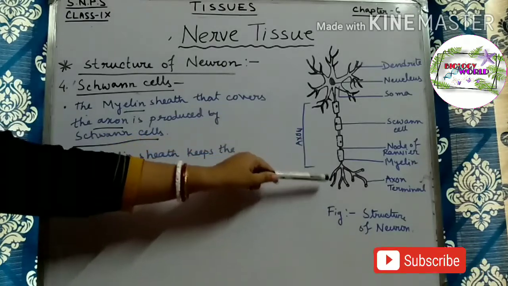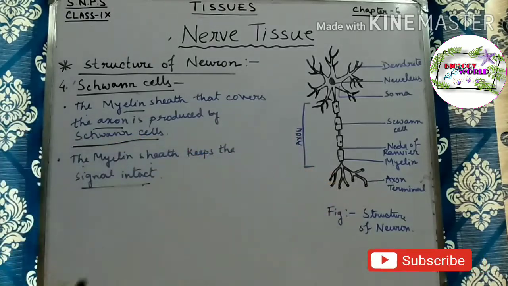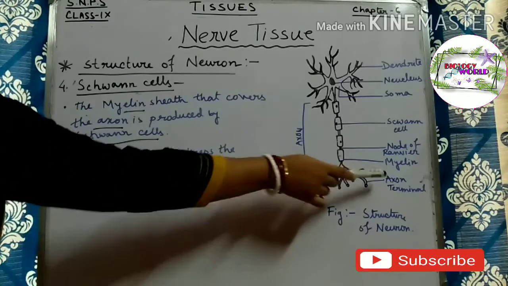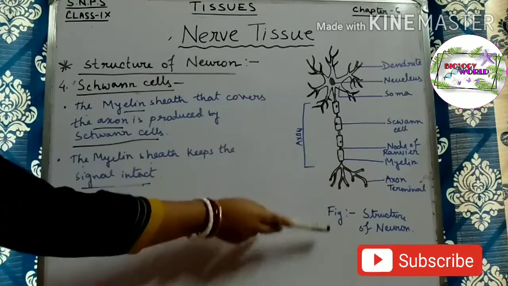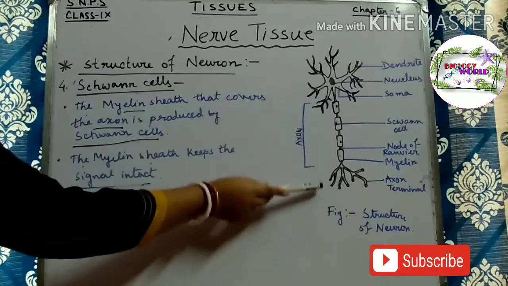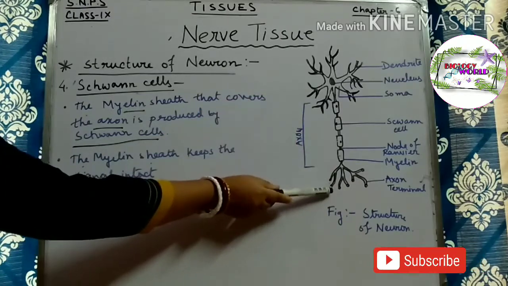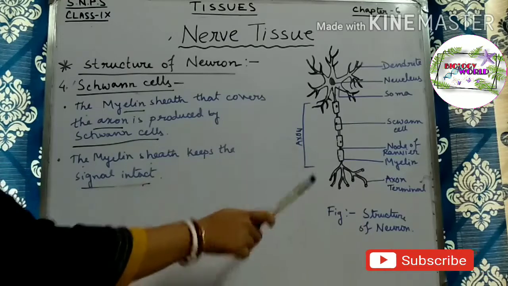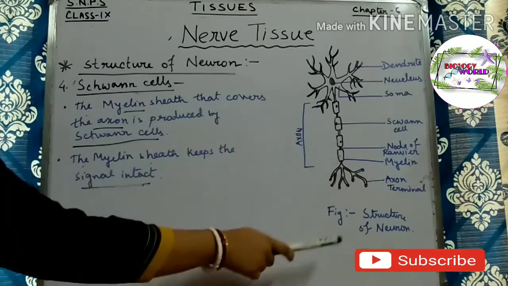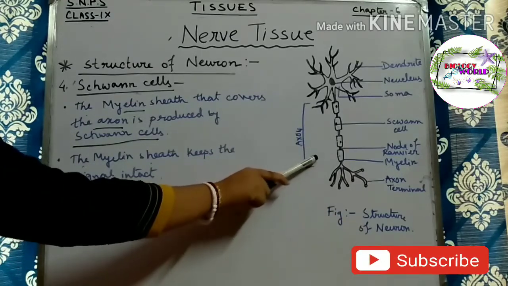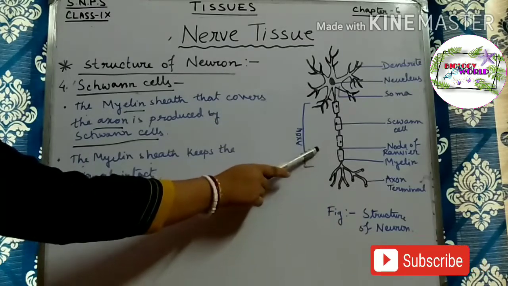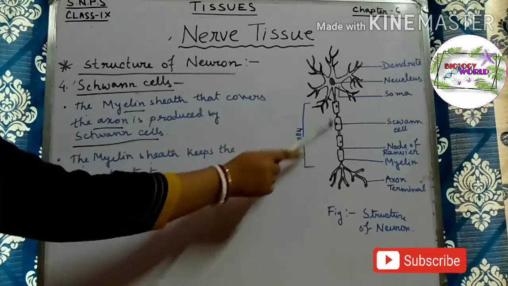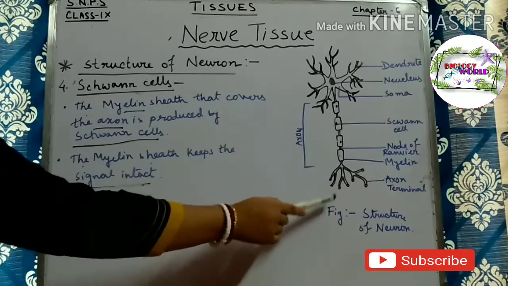After the axon, we have seen that this branched structure is the axon terminal. Means here the structure of the neuron is completed. By this axon terminal, the signals can be transmitted from one neuron to the next neuron.